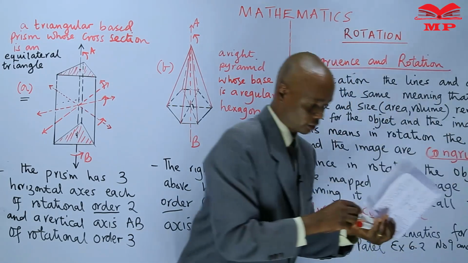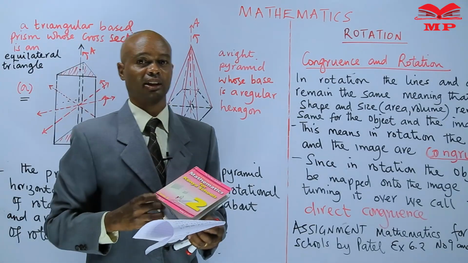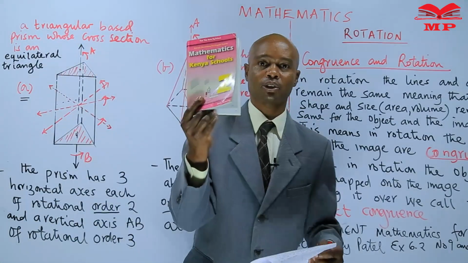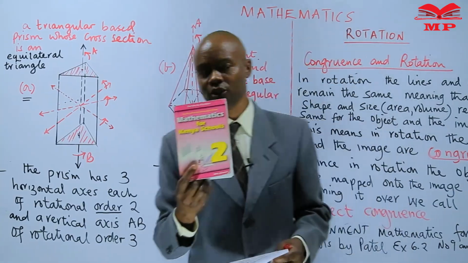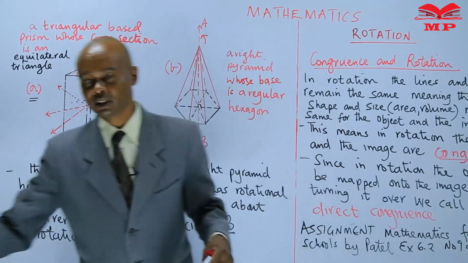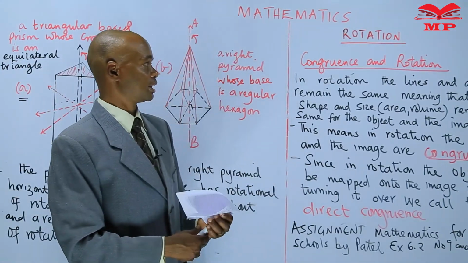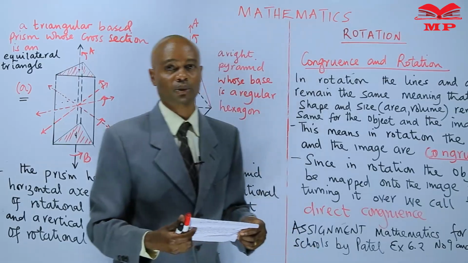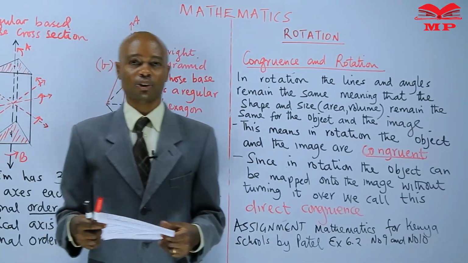For those who don't know Patel, I'll give you Patel Book 2. This is the book in which you'll get that assignment. So work the assignment as you go through the concepts of rotation, as you experience them in life and everywhere. Get the concept and work out the solutions for the 2 sums correctly.